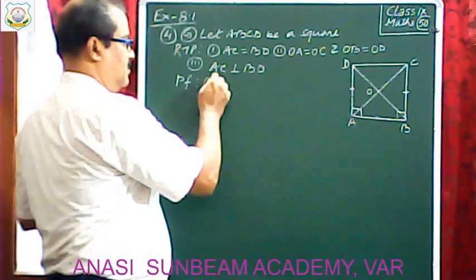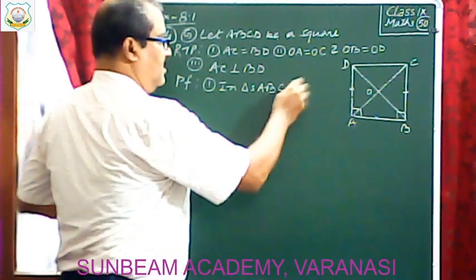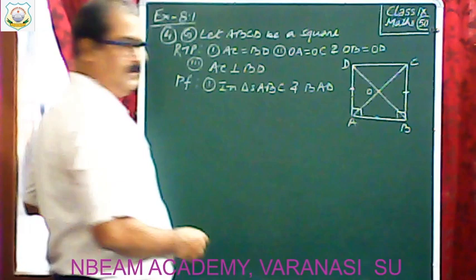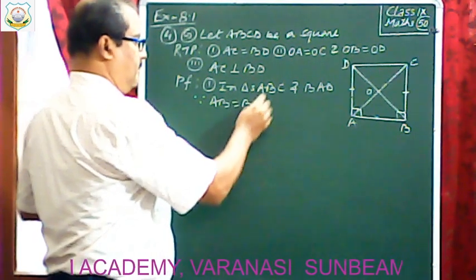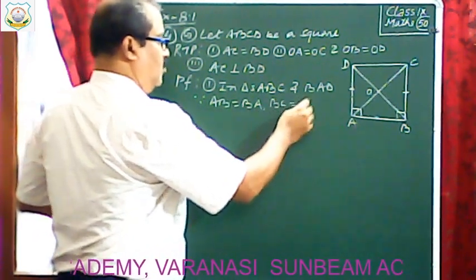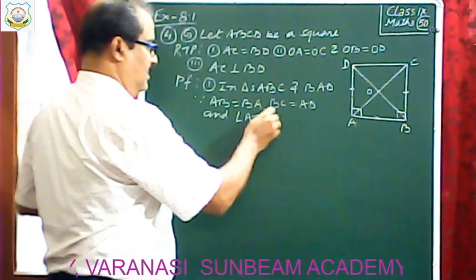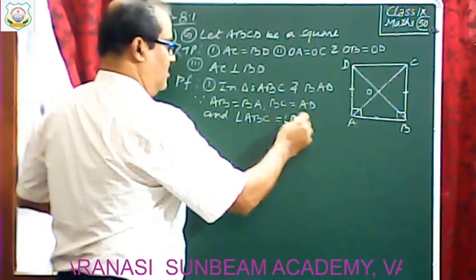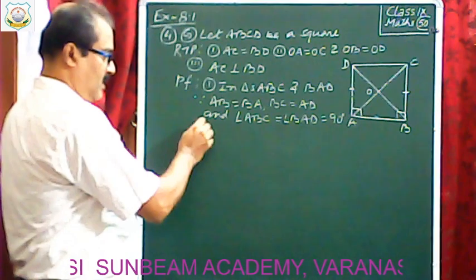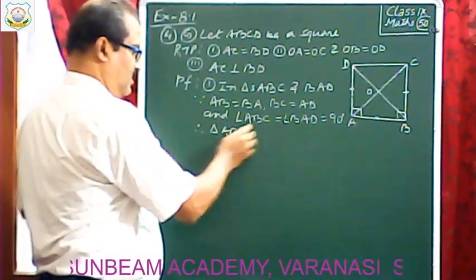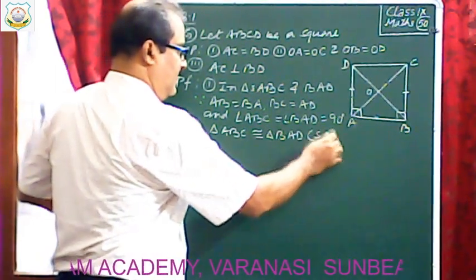So simple. First, in triangles ABC and BAD, okay, since AB equal to BA, BC equal to AD, and angle ABC equal to angle BAD equal to 90 degrees, therefore we can say that triangle ABC is congruent to triangle BAD by SAS criteria.